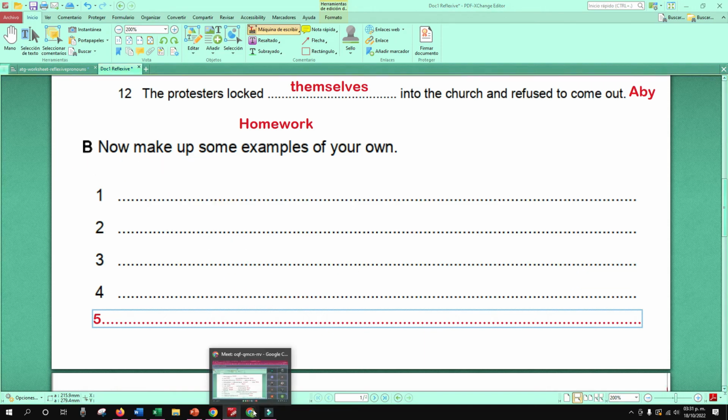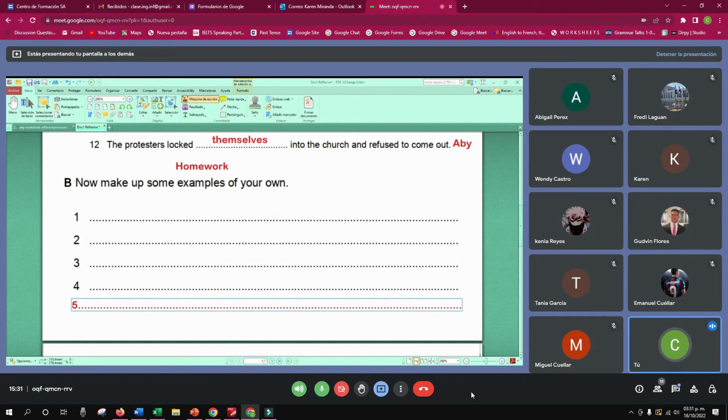Escríbanlas en su cuaderno y la siguiente clase las vamos a escribir acá por el chat y las vamos a revisar, ¿verdad? A ver cómo las han escrito. Recuerden, utilizar los pronombres reflexivos de acuerdo al sujeto o utilizando las reglas que estudiamos ahora.